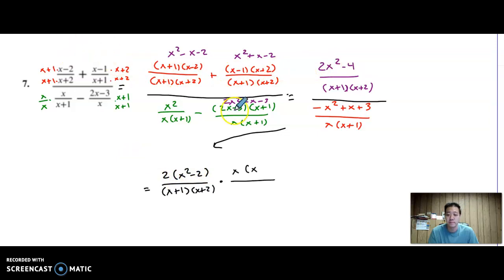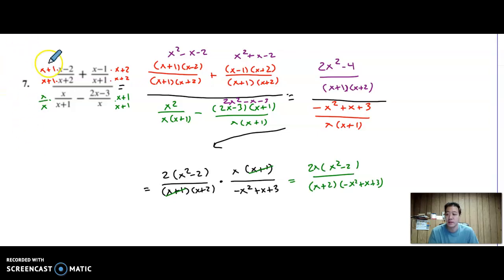And then times, we're going to flip this over, the reciprocal. So we get that. Now I think there's only one thing that cancels out. That's x plus 1. And so we've got all of this left over here.